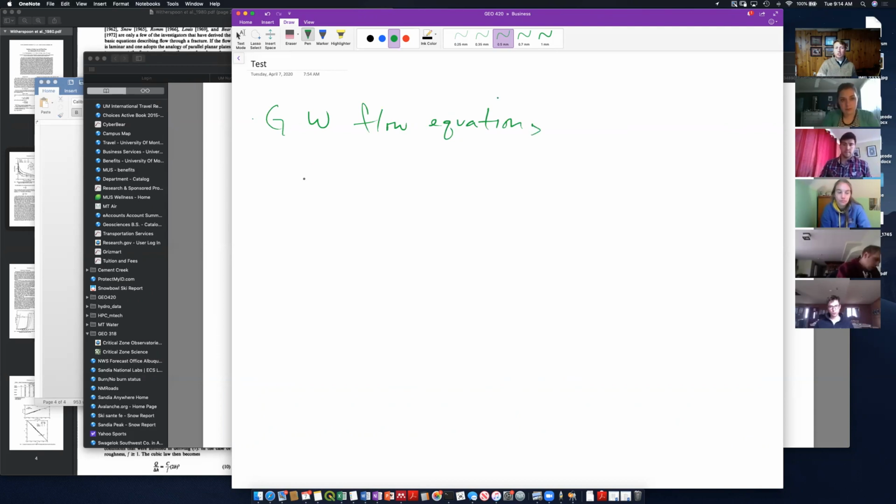We talked about how to read these partial differential equations, what kind of system they might imply. I'm not going to expect you to derive any of the groundwater flow equations, but I will expect you to be able to identify the proper groundwater flow equation for the proper system.